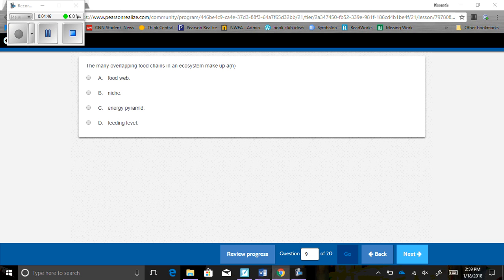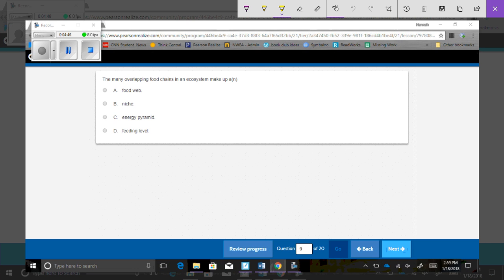Question 9. The many overlapping food chains in an ecosystem make up a A, food web, B, niche, C, energy pyramid, or D, feeding level?